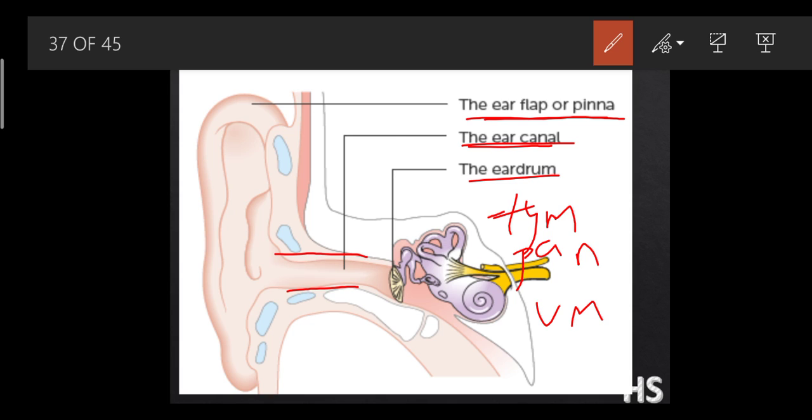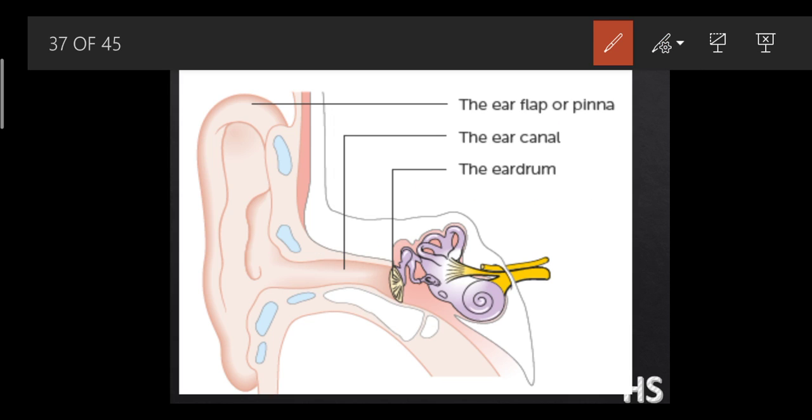Whenever we hit the membrane of any tabla or dhol, it produces a large sound. Same like that, whenever a sound strikes the eardrum, it starts to vibrate and produces these sounds. So the outer ear consists of the pinna, auditory canal, and the eardrum.